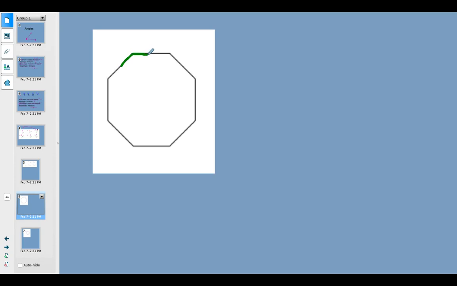So if I outline the angle, is this angle nice and wide like an obtuse angle? Is it smaller than an L like an acute angle? Or does it make a perfect corner? This would be an example of an obtuse angle. So when you see a shape, you want to kind of outline the angle and you should be able to figure out what type of angle it is.